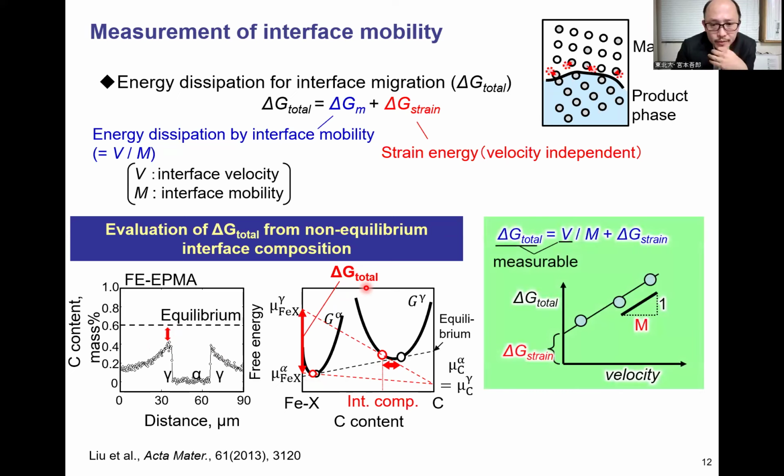Then such measurement is performed at various interface velocity. And interface velocity is evaluated by simply the thickness change of ferrite as a function of time. So based on those measurements, it is possible to estimate the strain term and interface mobility term by the slope of this measurement.